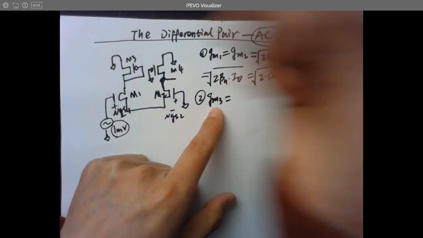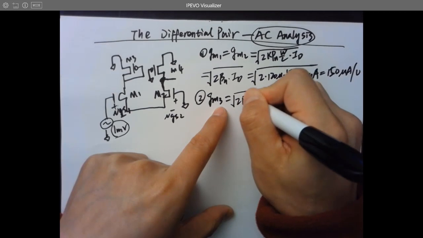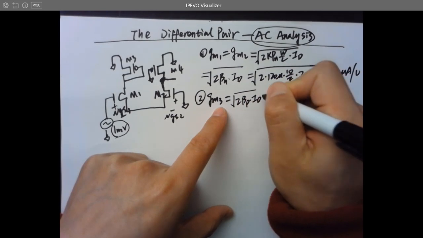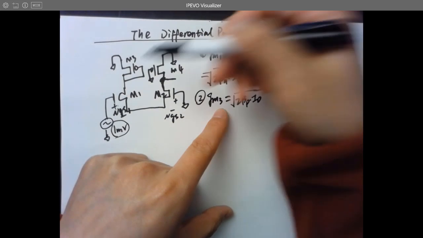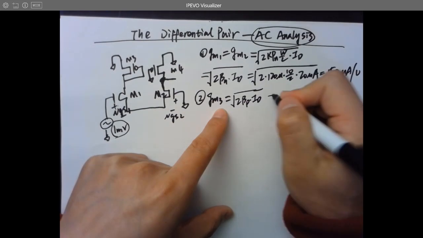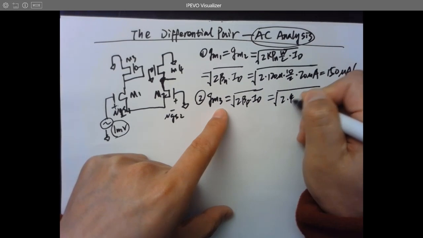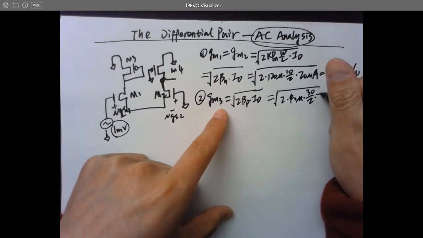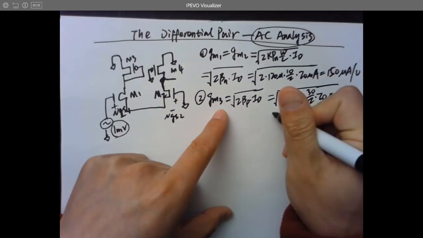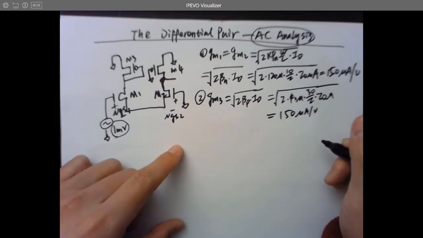Let's just calculate it. GM3 is the square root of 2 beta P times ID. These share the same 20 microamps in the same branch, the same ID, so it's the square root of 2 times 40 micro times 30/2 times 20 micro, which is 150 microamps per volt as well.